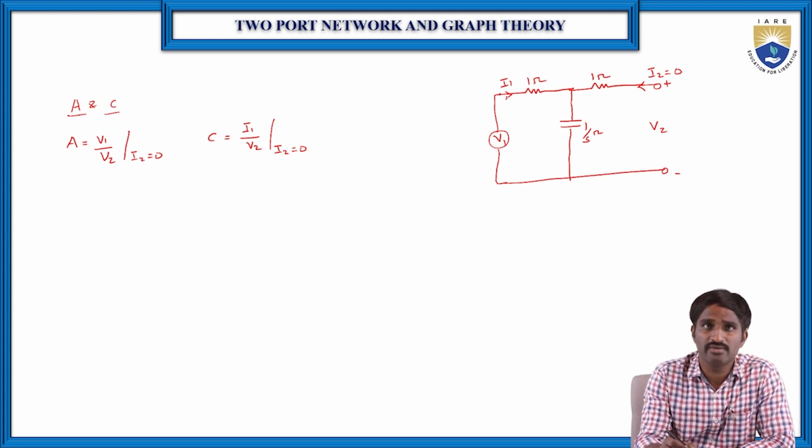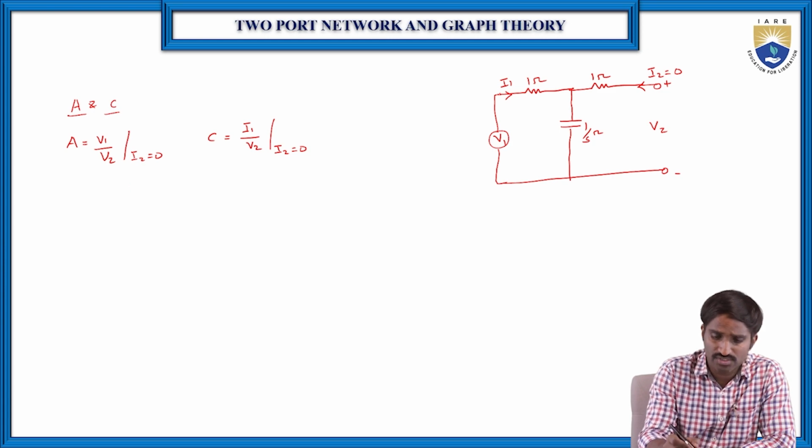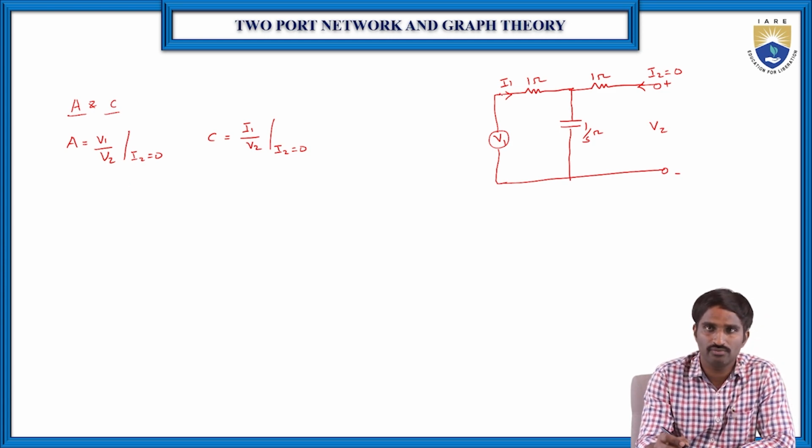First, let us find I1. I1 is the total current flowing through the circuit, so I1 is equal to V1 by the total impedance present in this circuit.